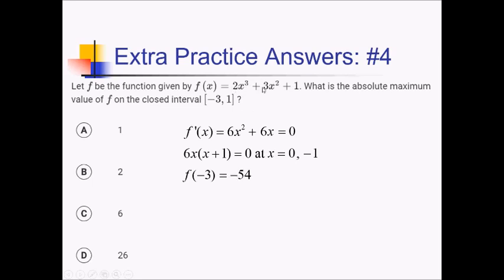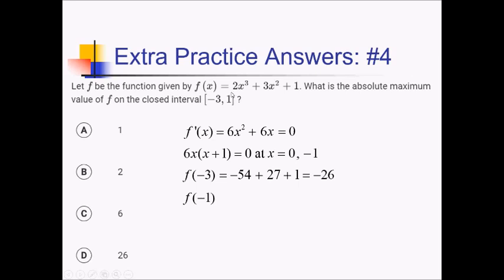This next one is going to be 3 times 9, so 27. And then we have a plus 1 at the end for all of these. So this is, let's see, -27 plus 1 is -26. All right, well, that's not a very good candidate for absolute max, but if all the other ones are more negative, it might be the winner. We never know. So let's go on to the next one, -1.